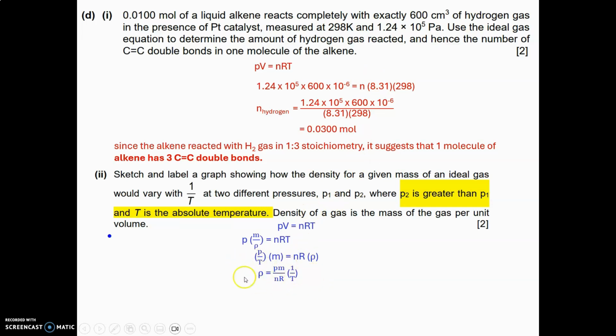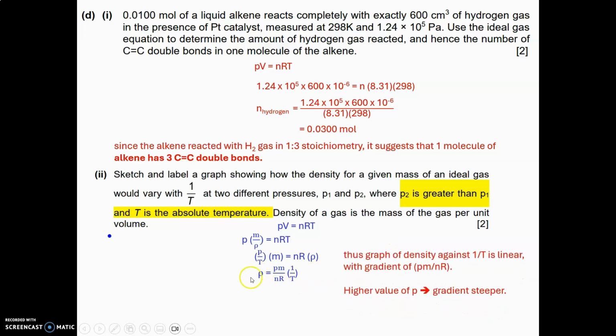So this simplified form will allow us to plot a graph of rho against 1/T, and you can see that the graph of density rho against 1/T is linear, where the gradient is Pm over nR. So it also tells us that the higher my pressure, the steeper the gradient of the graph. So if P2 is greater than P1, it means that my P2 graph has a steeper gradient than my P1 graph. So this is how my graphs look like.